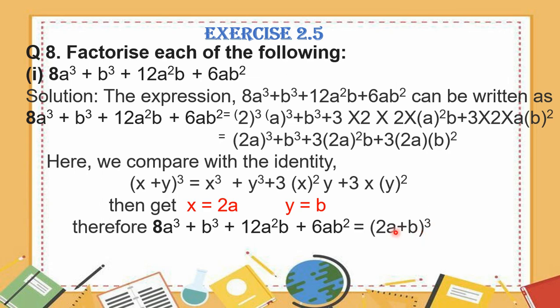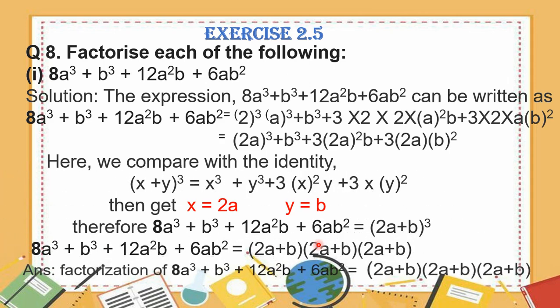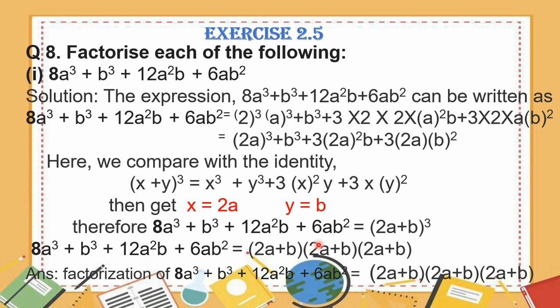So 8a cube plus b cube plus 12a square b plus 6ab square is equal to 2a plus b into 2a plus b into 2a plus b. That means the same factor three times. So this gives the factorization of the polynomial as 2a plus b, 2a plus b and 2a plus b.